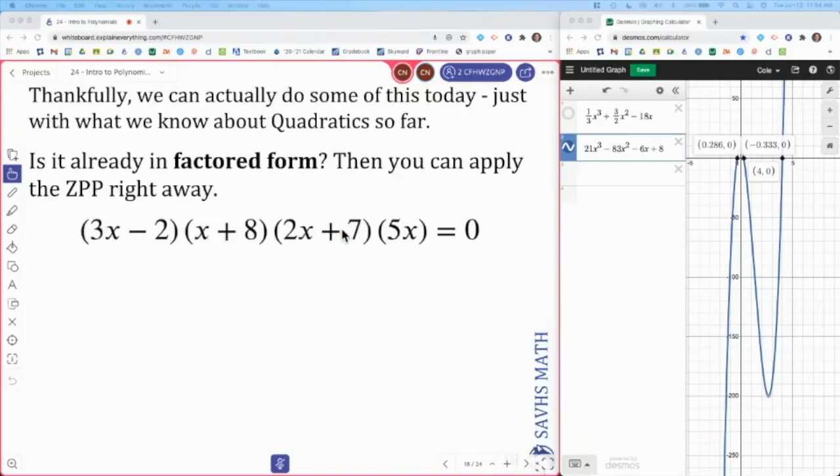We know a lot of this stuff about quadratics. We have the ability to use the zero product property. So if I'm solving an equation like this, I can split it up into 4 different parts because of the zero product property.